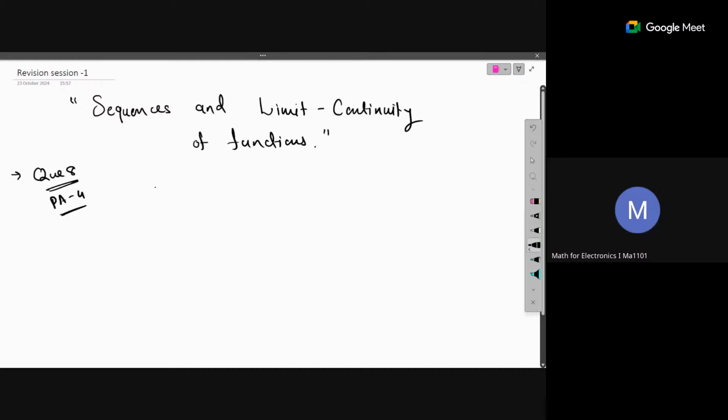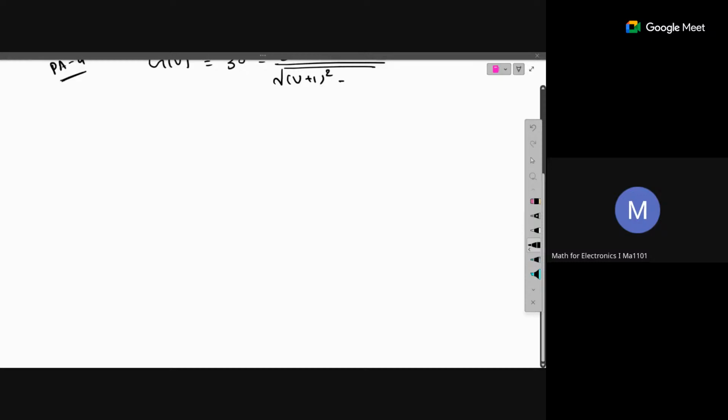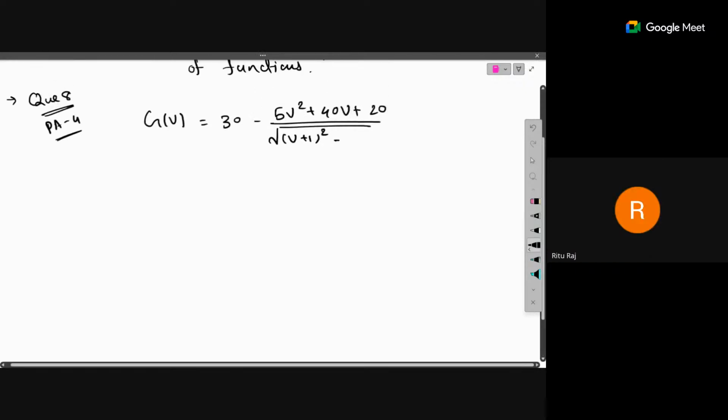So here g of v is given to you to be 30 minus some polynomial, 5v square plus 40v plus 20, something like that, and then under the root of (v plus 1) the whole square minus (v plus 2) to the power 4 minus 16.